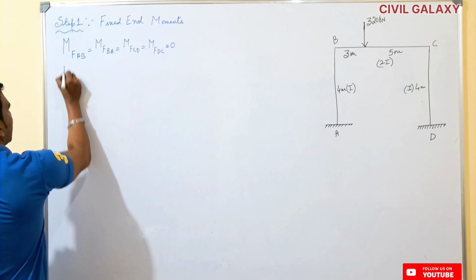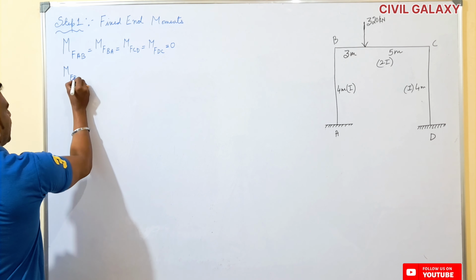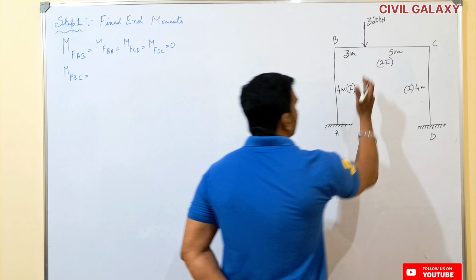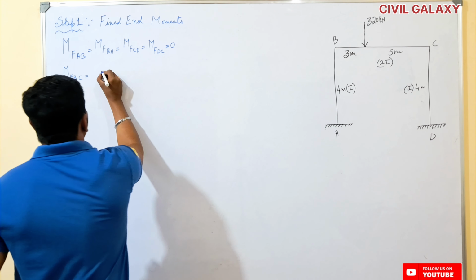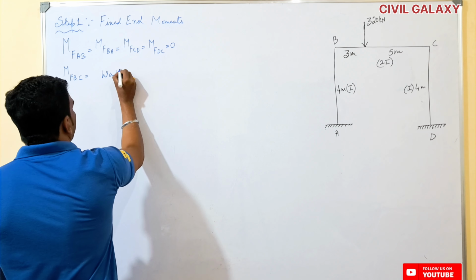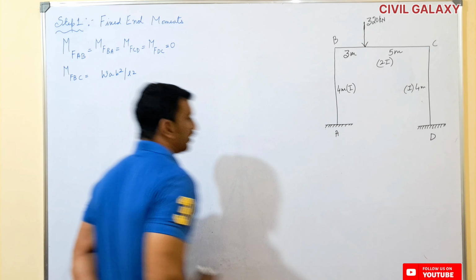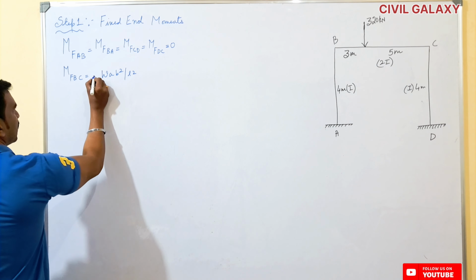So the fixed end moment from B to C, whenever we are having an eccentric loading, we know the formula: W a b squared upon L squared. Since we are coming from left to right, the formula is negative.